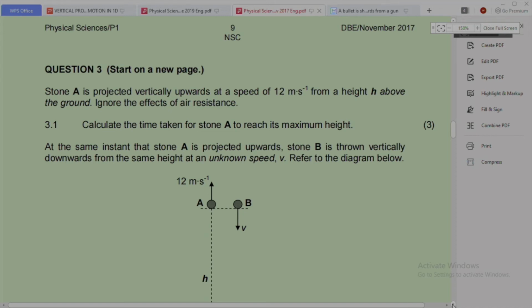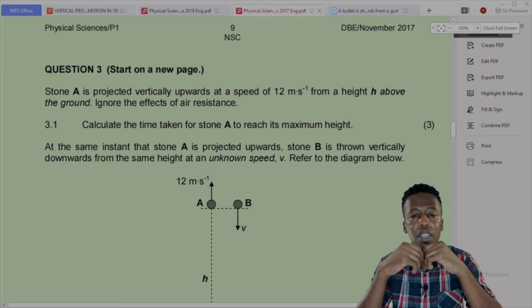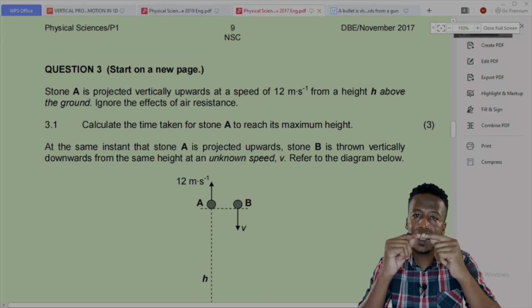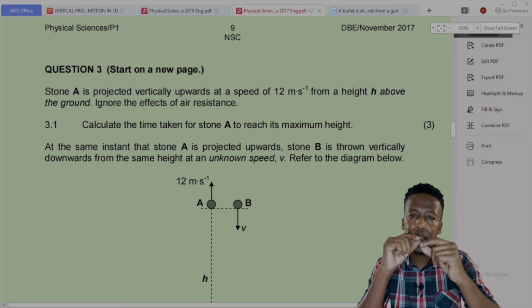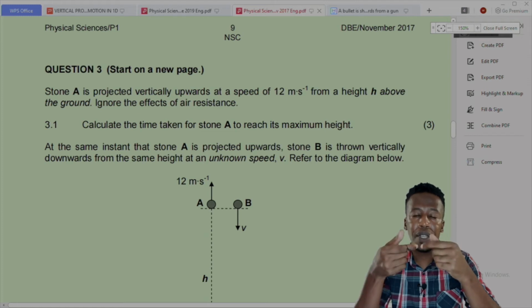Now what happens at maximum height, right? Remember the initial velocity is 12 meters per second. Maximum height, that's where instantaneously the stone stops before it starts to drop down. Now that moment where it stops, the velocity becomes what?